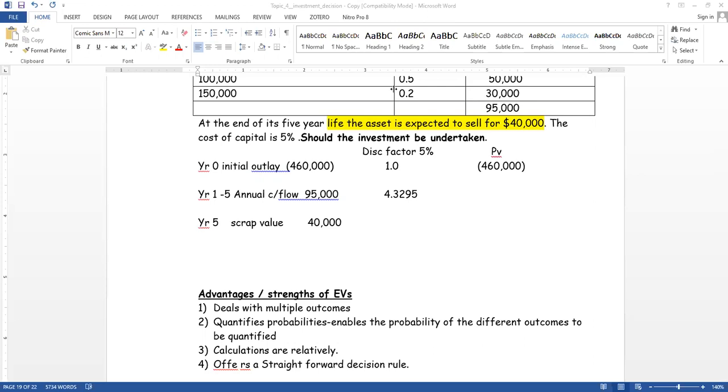The present value is 0.7835. So what is the PV for this?